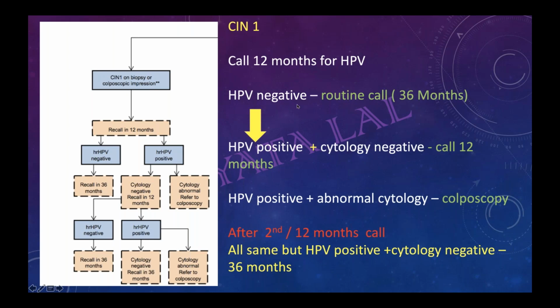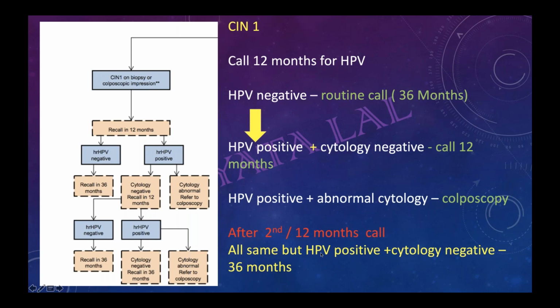But now this same patient, because her HPV was positive on the first 12-month visit, you call her again after 12 months. So you are doing her HPV test at 24 months. In the second visit also, you will again do HPV.